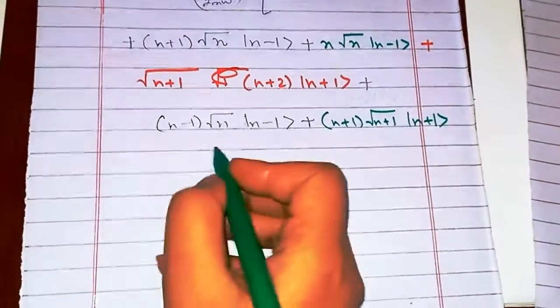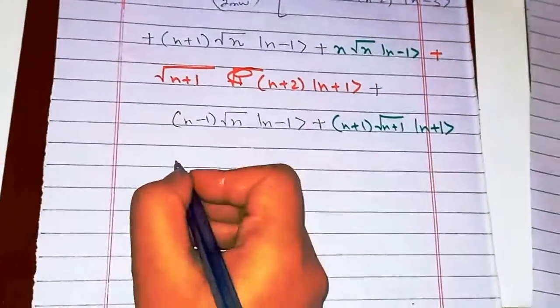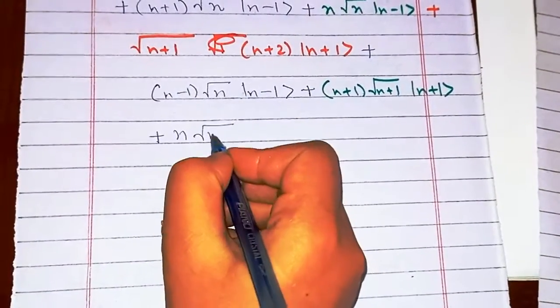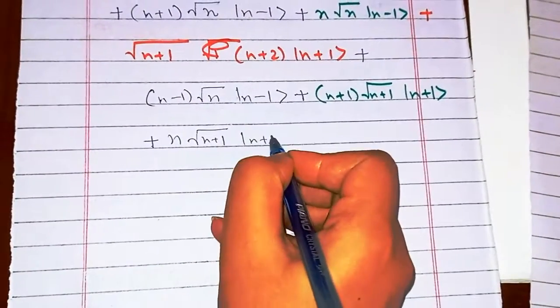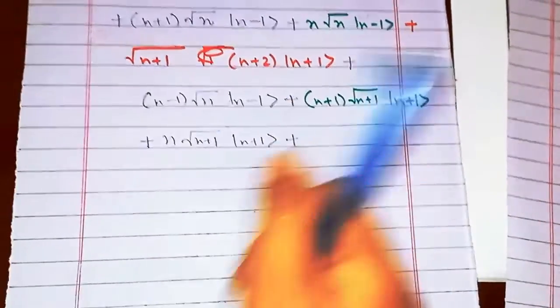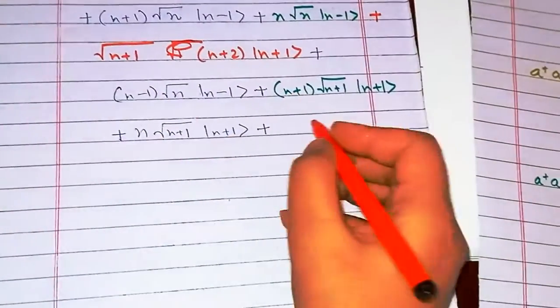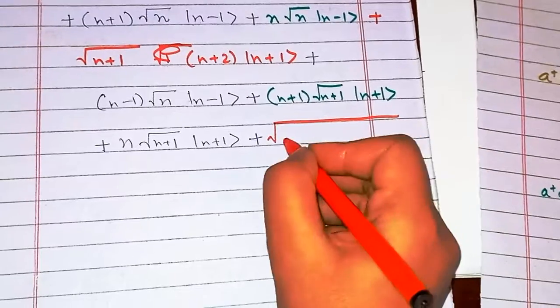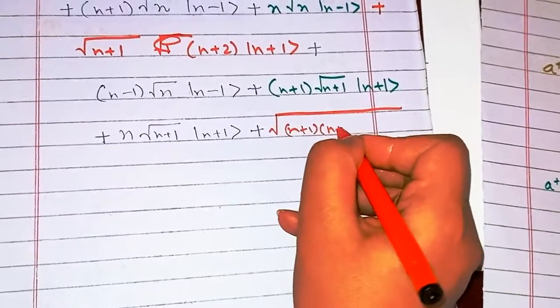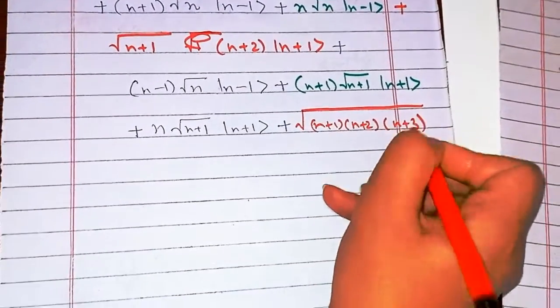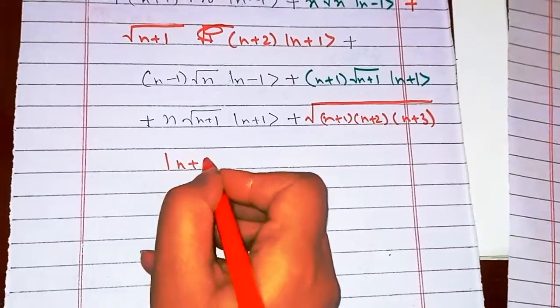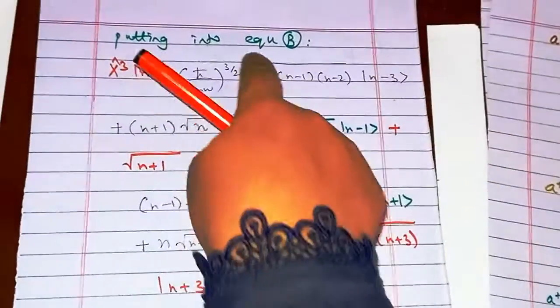Okay, then plus the seventh term, n under root n plus 1, ket is n plus 1, plus the last term of the series, which is under root n plus 1, n plus 2, n plus 3, and it's multiplied by its ket, which is n plus 3. Okay, and we'll close this bracket.